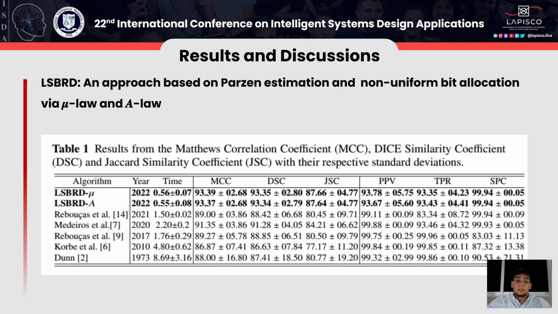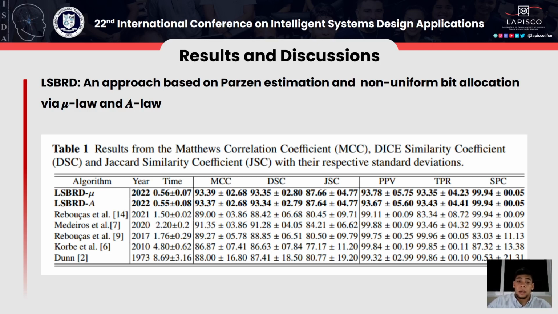So about the results, Table 1 shows the results of the MCC, DICE, and Jaccard metrics, and also their respective standard deviation.